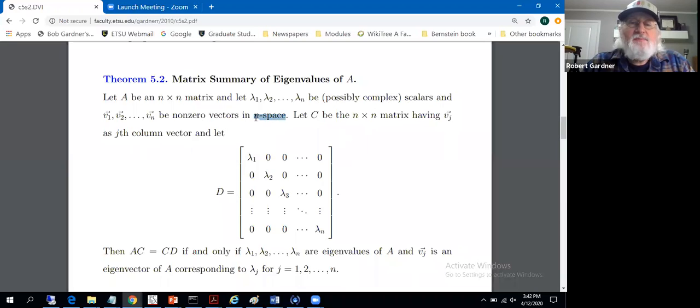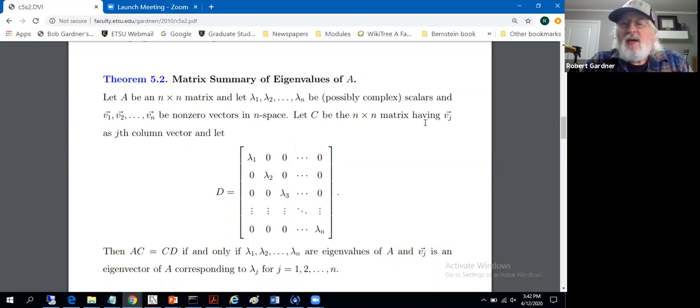They've said n space here. They're being a little elusive on what they mean by n space. Some details to follow on that shortly. Rn is certainly an example of n space. So is Cn, where we use complex numbers. Whether or not we're dragging complex numbers into the story puts a different meaning on what n space is.